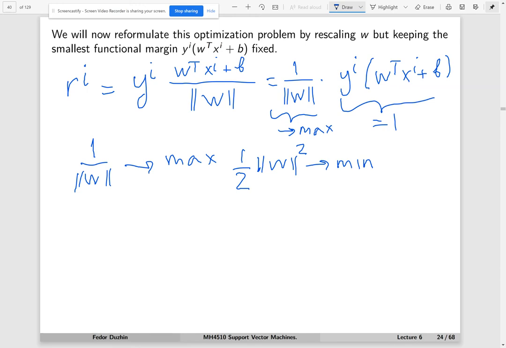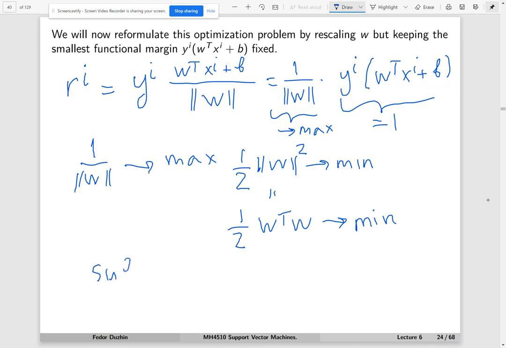This squared norm of w is just w transpose times w, so 1/2 w^T w. So finally our optimization problem is to minimize half of the squared norm of w, subject to the following constraints.